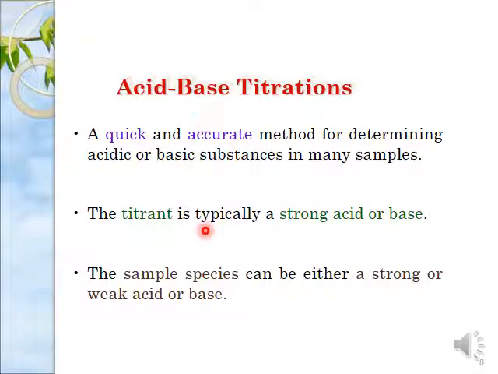The titrant typically used is a strong acid or strong base. The sample can be strong or weak, but we cannot use a weak titrant. You can use a weak titrant if your sample is also weak, but it's not recommended.